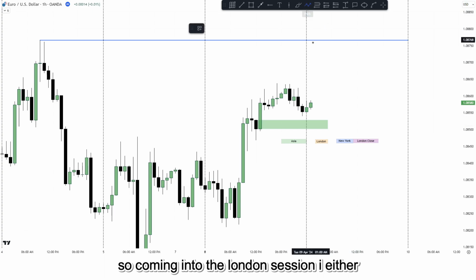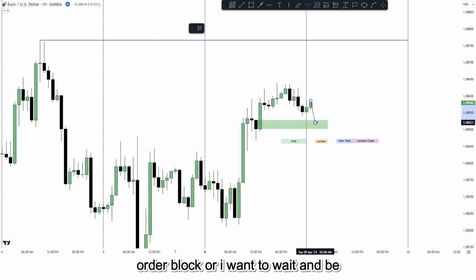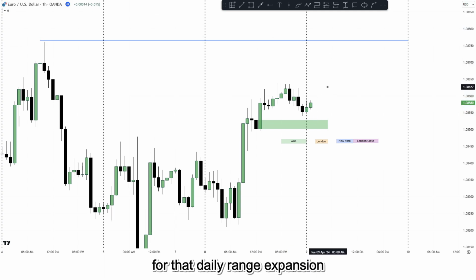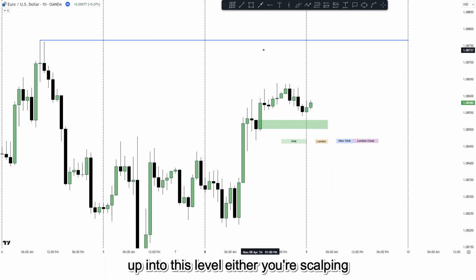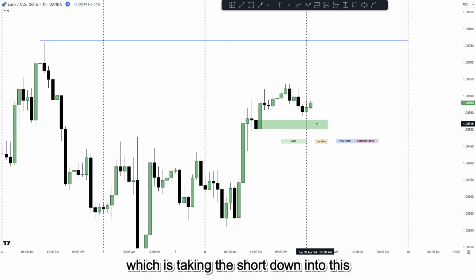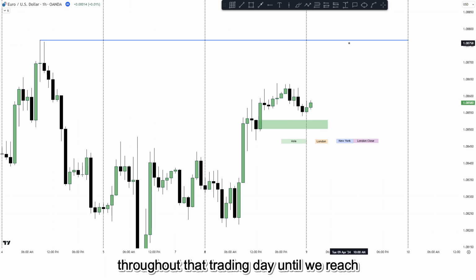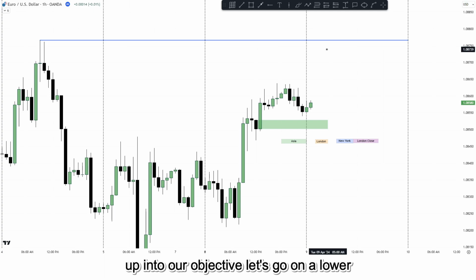So coming into the London session, I either want to take a short down into this bullish order block, or I want to wait and be patient for price to come down into this order block to then find longs and continue on those longs for that daily range expansion up into this level. Either you're scalping, which is taking the short down into this level, or you're holding it as a day trade throughout that trading day until we reach up into our objective.